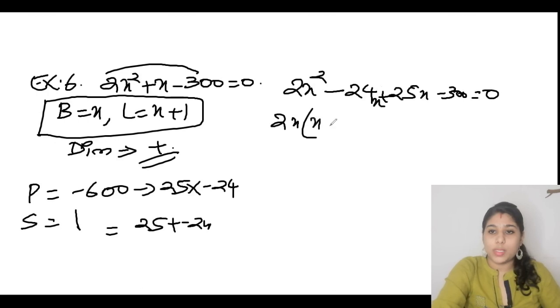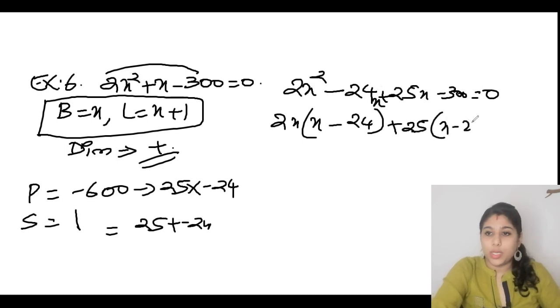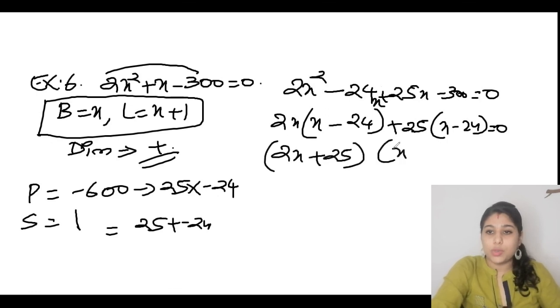If I take 2x out, the balance will be x minus 24, plus I take 25 out, so this will also be x minus 24 is equal to 0. So (2x plus 25) into (x minus 24) is equal to 0.